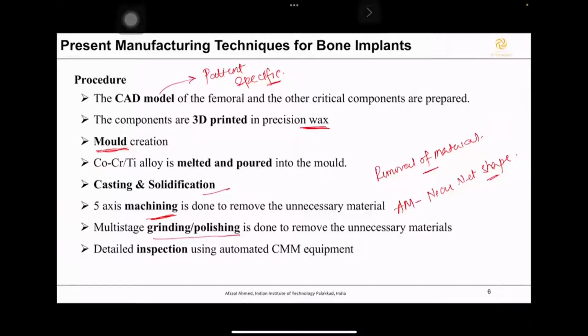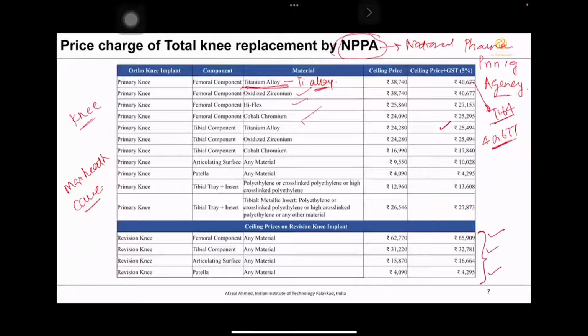Now, if we can cut down the cost by making near net shapes using additive manufacturing, the material cost goes down drastically. You don't need that much material at all. And whatever material you use, which is powder basically, can be reused in the next cycles of printing. So we can easily bring these costs down to around 50 to 60,000 rupees using additive manufacturing.